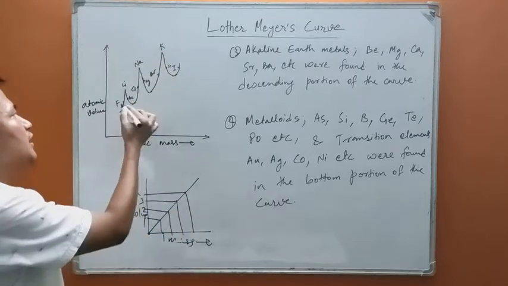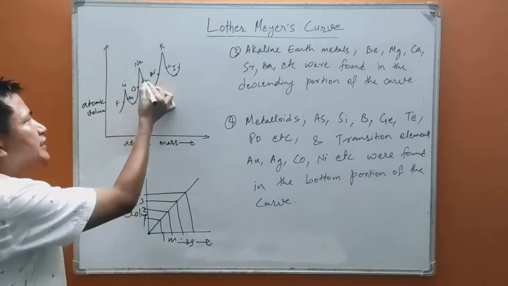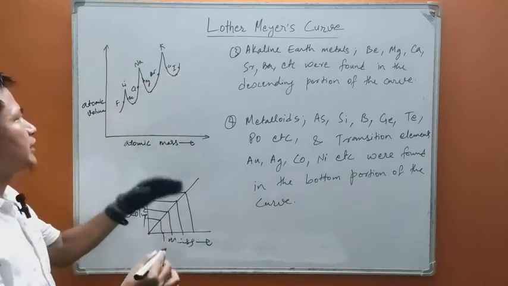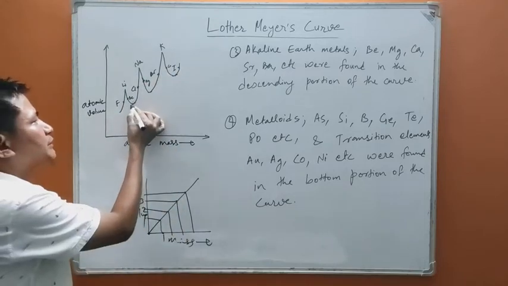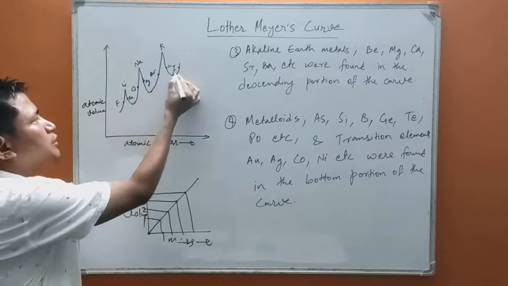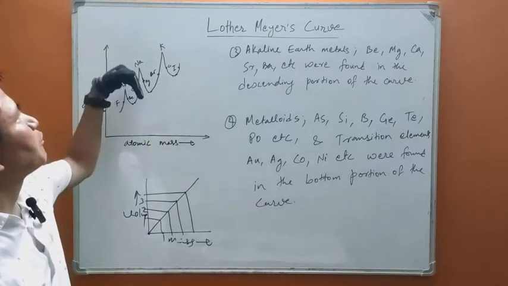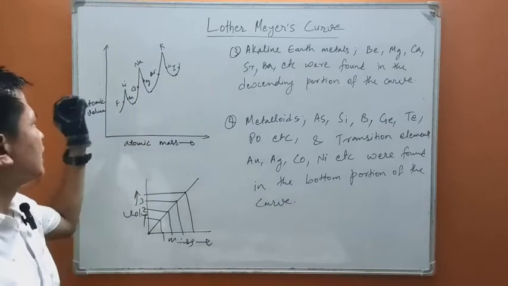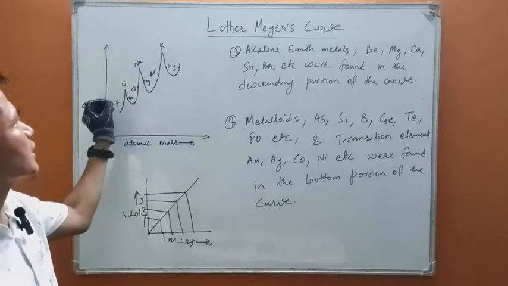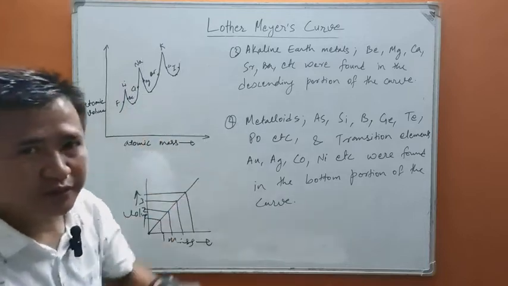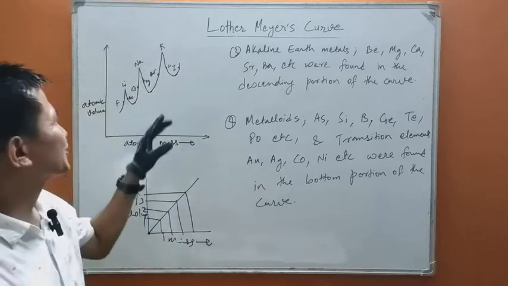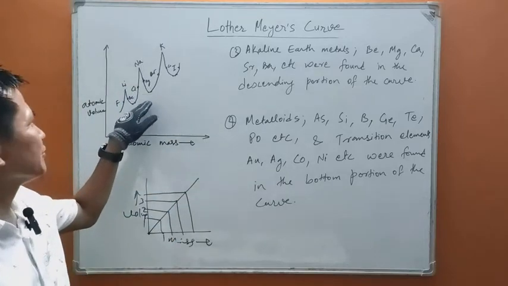And alkaline earth metals are found in the descending portion of the curve. Similarly, metalloids and transition elements are found in the bottom portion of the curve. This means this curve gives us the idea of periodicity of elements, isn't it? Elements having the same properties are found in the same portion of the curve. Got my point?